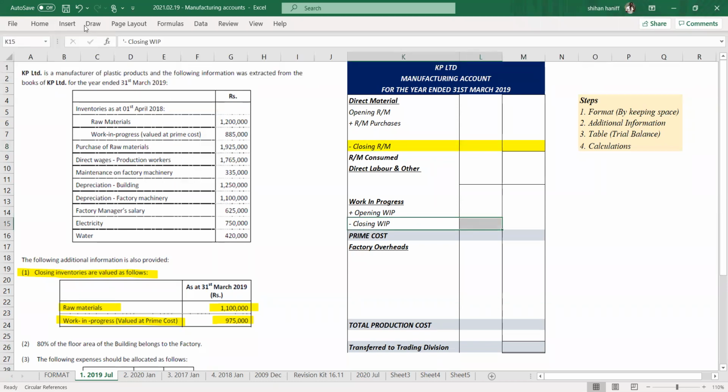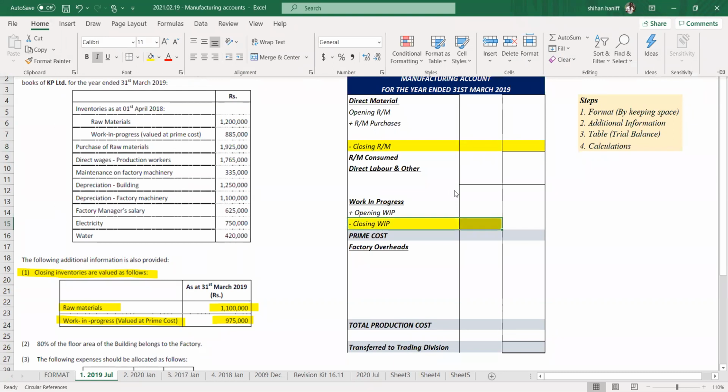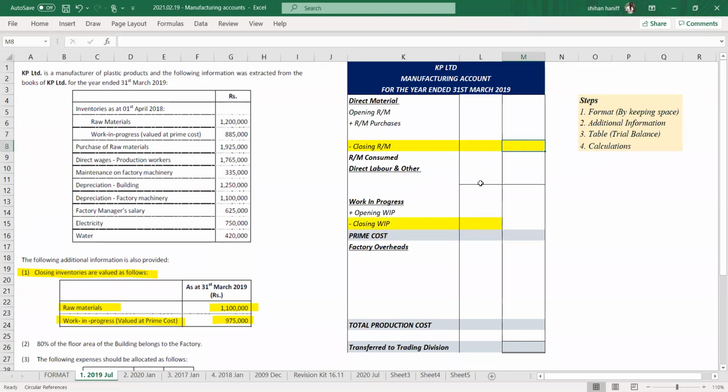Closing work in progress is here, minus, right? 1,100. Let me do the question in rupees 1,000. Closing work in progress is 975.